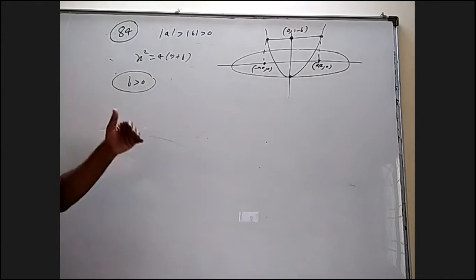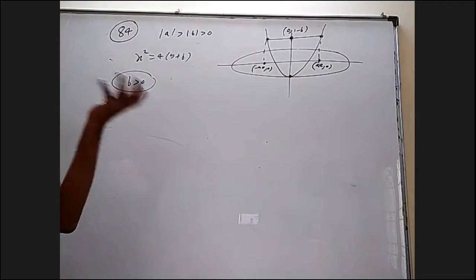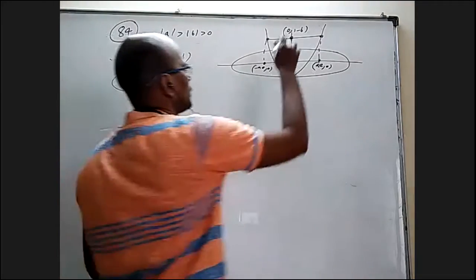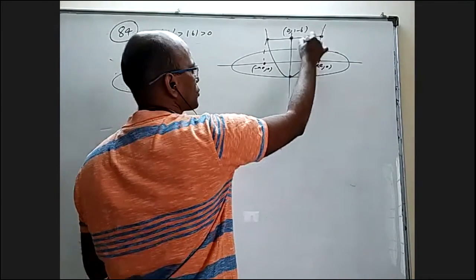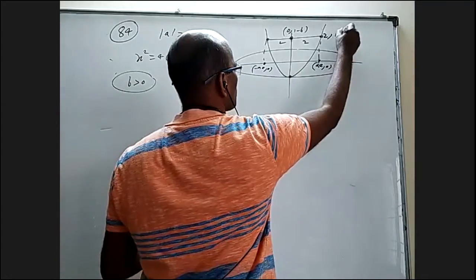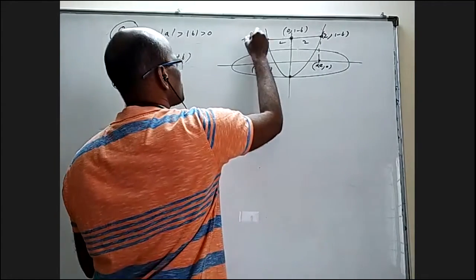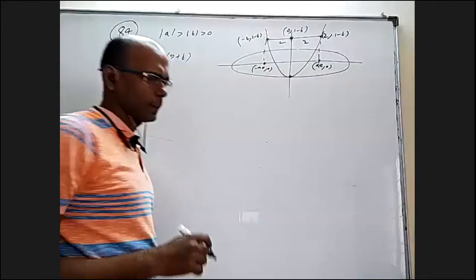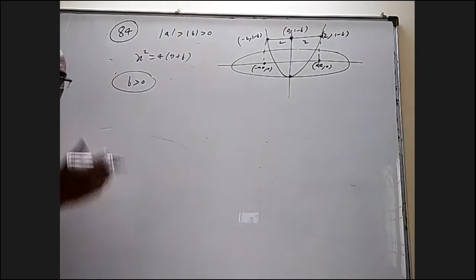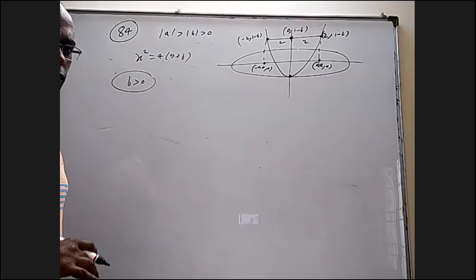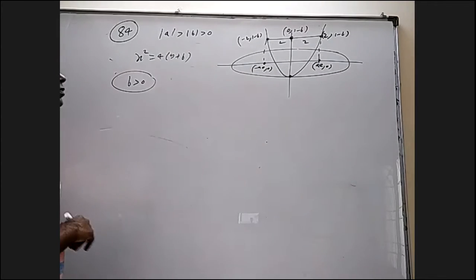With this, the y coordinate has to come down by b units. I think that's right. And the length of the latus rectum is 4, so this is 2. This is 2 comma 1 minus b, minus 2 comma 1 minus b. Whether b is more than 1 or less than 1, that problem will also come. We have to look at that also.